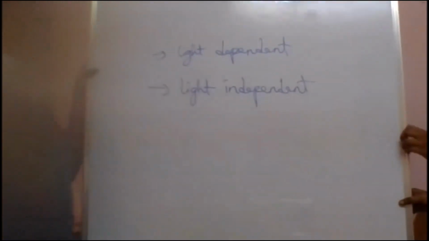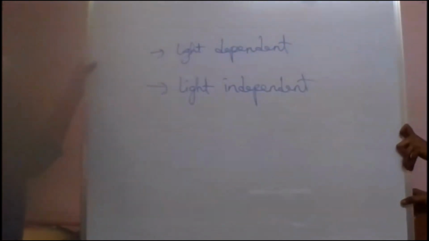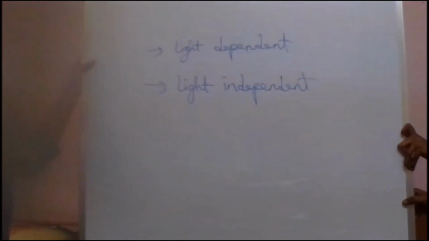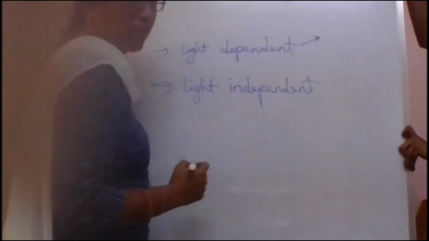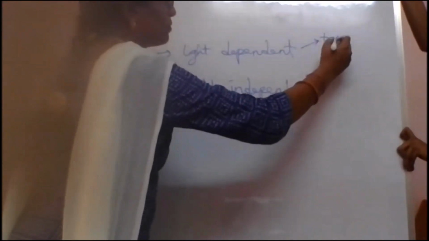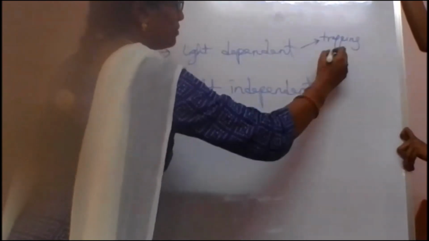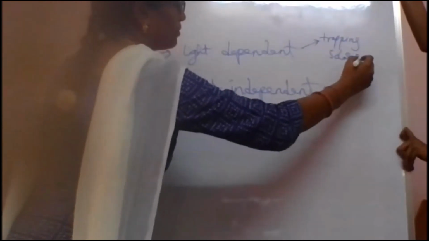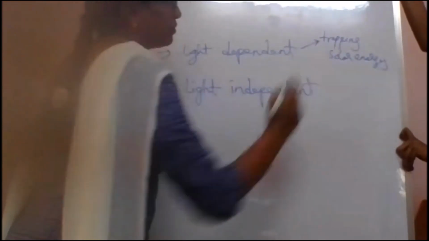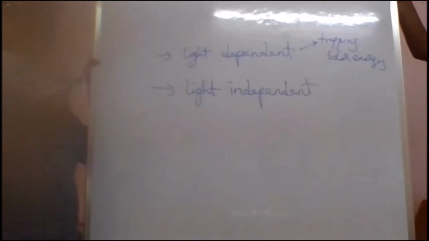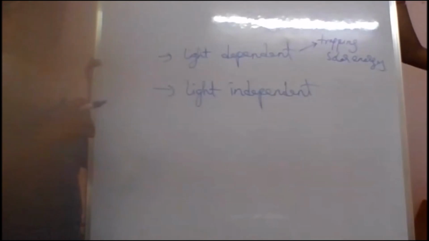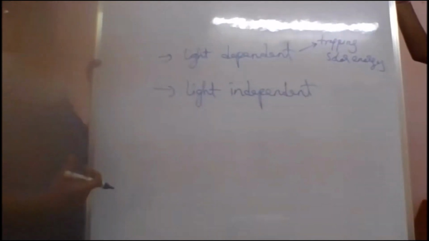Next, when you come to the light dependent reaction, in how many steps does it go on? 3 steps. First one is trapping solar energy. Who will trap it? The chlorophyll. Where is it present? In the photosystems, which are in the chloroplasts.